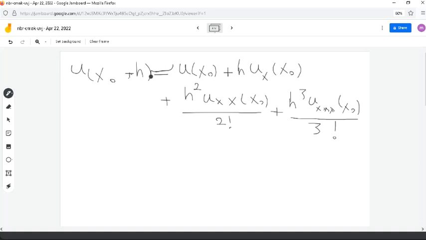You should compute using Taylor and using the formula of u. Please send me your solution via WhatsApp in private.